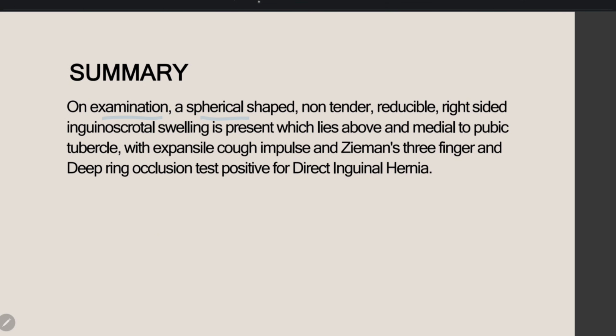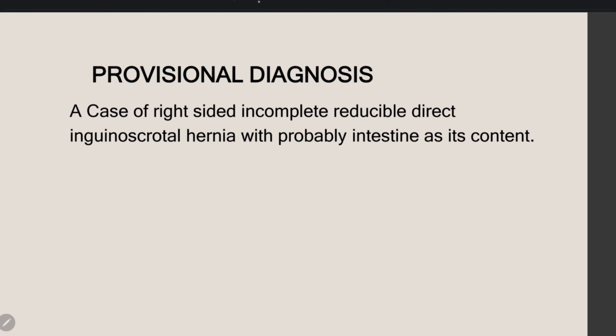On examination, a spherical shaped, non-tender, reducible, right-sided inguinoscrotal swelling is present, which lies above and medial to the pubic tubercle, with expansile cough impulse and Ziemann's 3-finger and deep ring occlusion test positive for direct inguinal hernia.